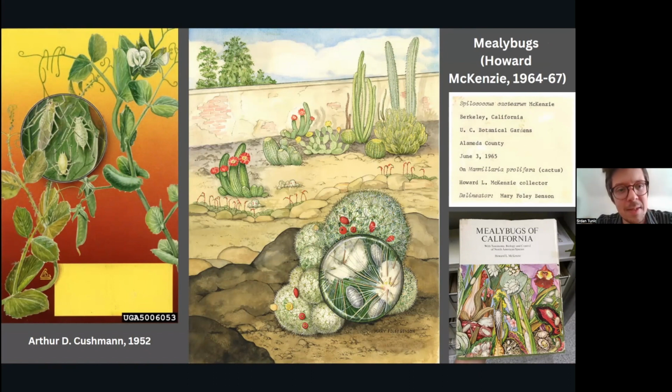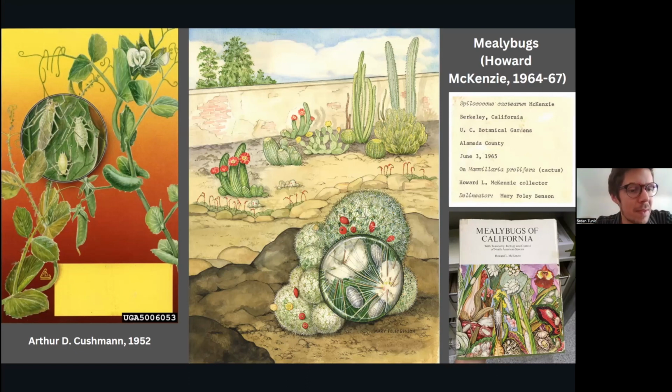What is interesting is that he did work which was also realistic, but with more dramatic effects. You can see that there's this red, orange, and yellow background. But he used something that Mary would take on and use in the future, and that is this magnifying glass tool. So you can see the plant and the insects on it, but magnified, so you can actually see all of the details.